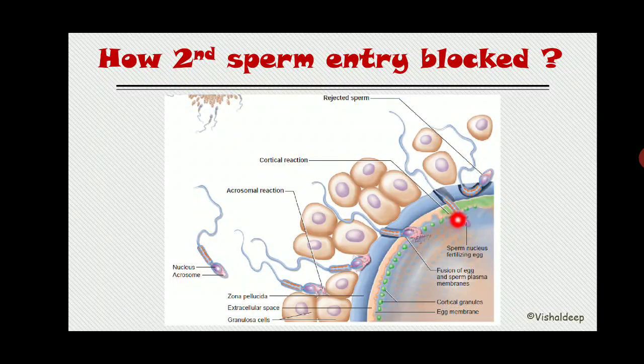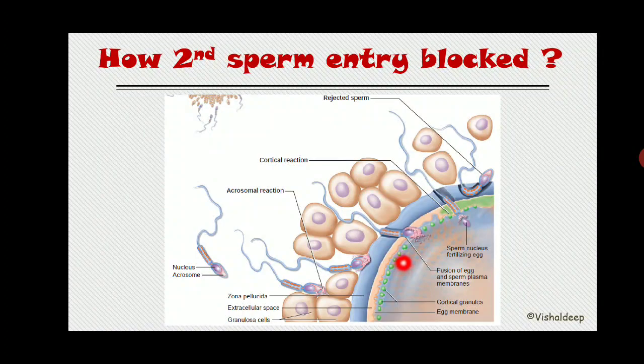It depolarizes the oolemma. Once it depolarizes the oolemma, what will it do? It will release the intracellular calcium in the ovum. It stimulates the release of the intracellular calcium that is stored inside the ovum. It will release, and it promotes the exocytosis of the cortical granules that are situated superficially over the oolemma.